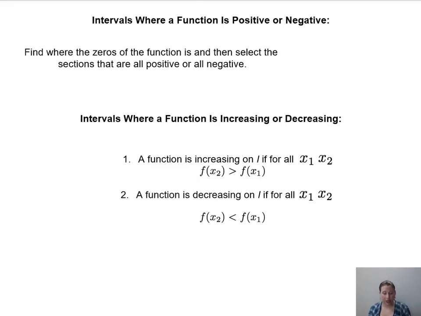Let's think about decreasing now. A function is decreasing on the interval if for all x1 and x2, f of x2 is less than f of x1. Again, let's think about a graph of this. We have x1 and x2. We're saying here that f of x2, the y value, needs to be smaller than f of x1.